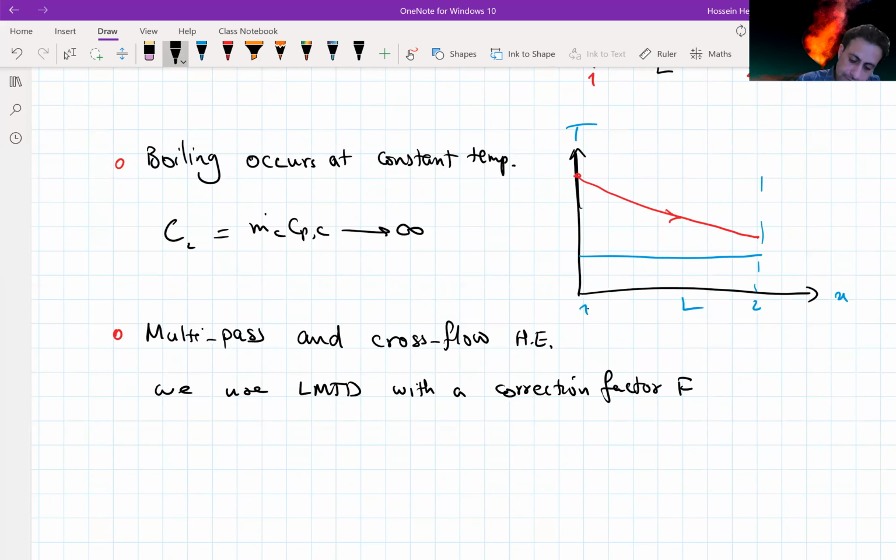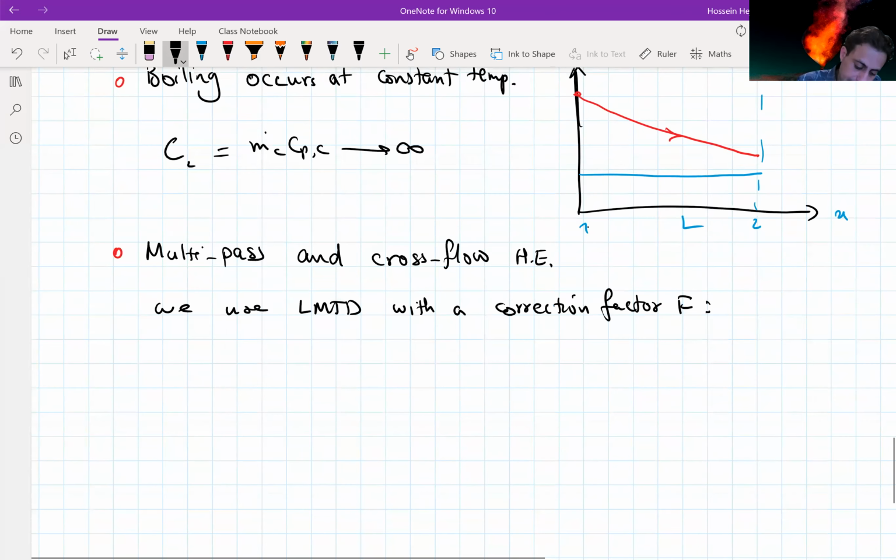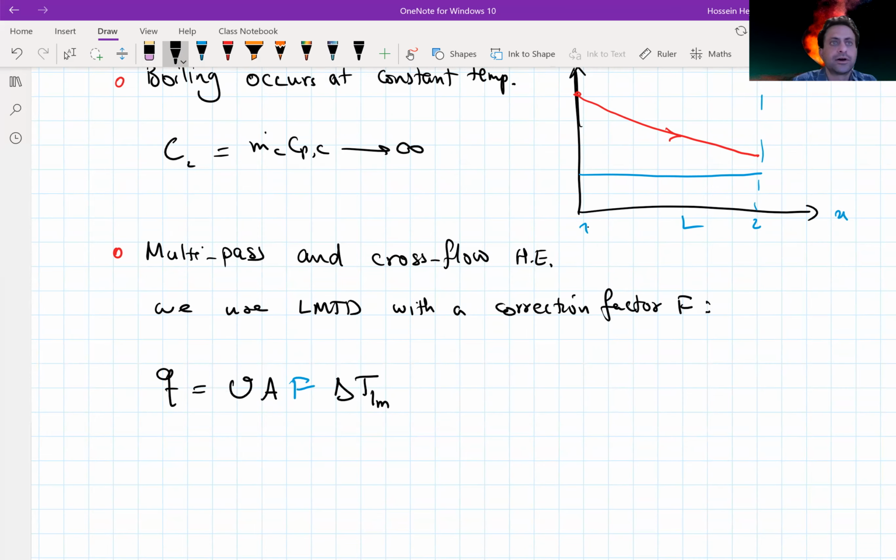So the way that we write it, we write in the modified form Q is UA, this correction factor, let me just put it in a different color, F, delta T log mean.